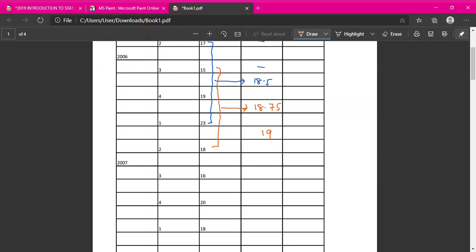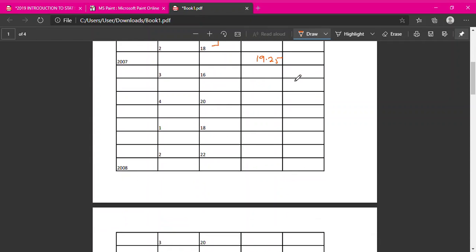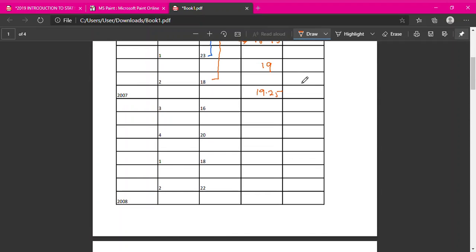Okay, the next data adalah kita akan gunakan 23. Right? So, 23 plus 18 plus 16 plus 20. Divide by 4. So, you akan dapat 19.25 here. Okay, next adalah value 18, 16, 20 and 18 divide by 4.